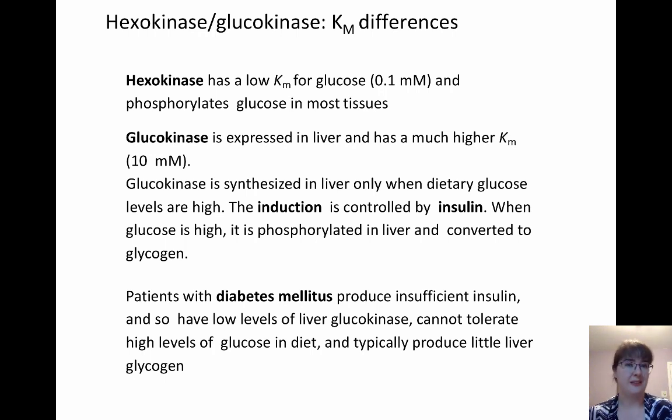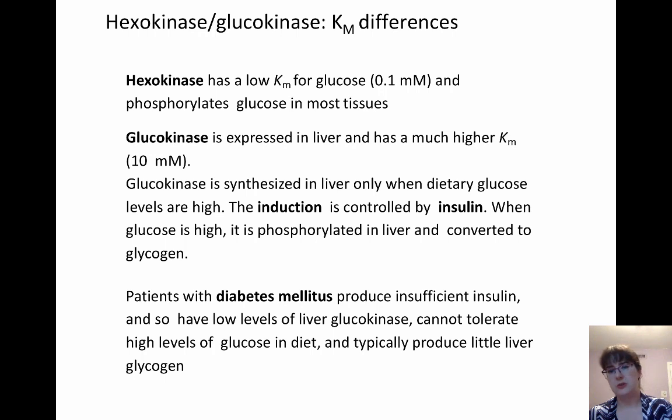That induction of making a lot of glucokinase is controlled by insulin. So whenever you have a lot of glucose, it can be phosphorylated in the liver by glucokinase and converted to glycogen. So glucokinase is almost like a backup enzyme that, when you have it, is trying to help deal with this influx of a huge amount of glucose.